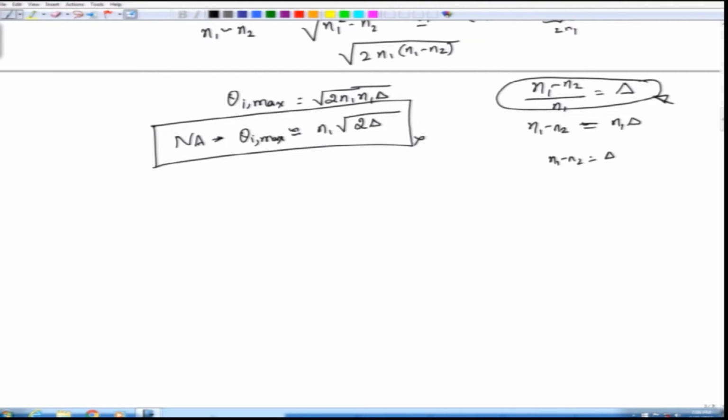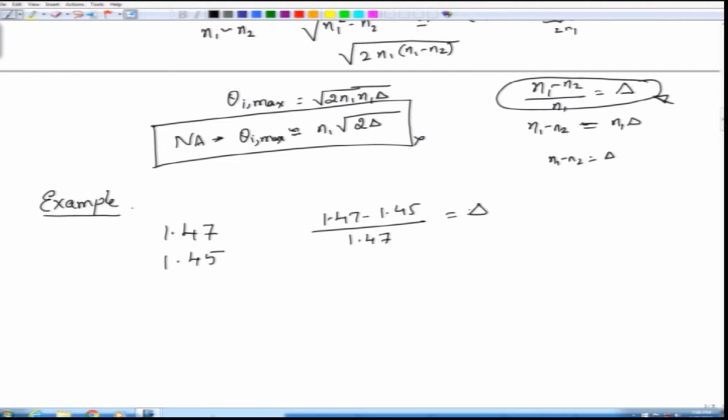So, let us do a quick example to give you an idea of the numbers. Let us assume that we are looking at a core refractive index of 1.47 and a cladding refractive index of 1.45. So, the core-cladding difference will be 1.47 minus 1.45 divided by 1.47. This is the value of the index difference delta.